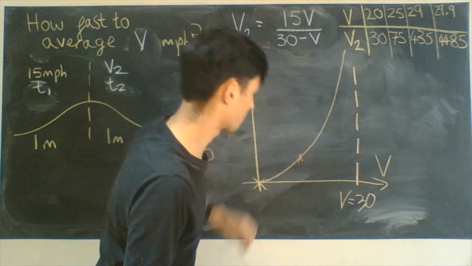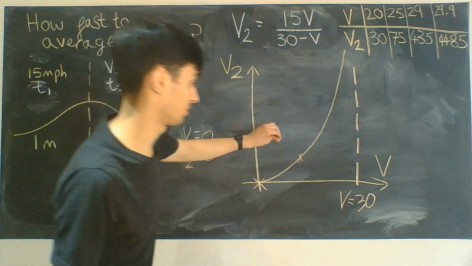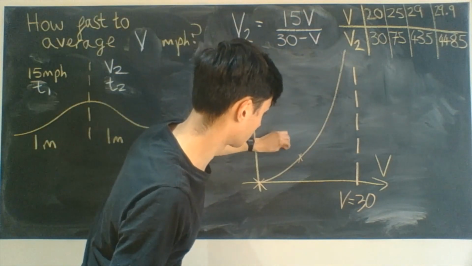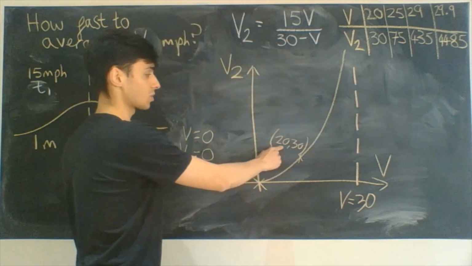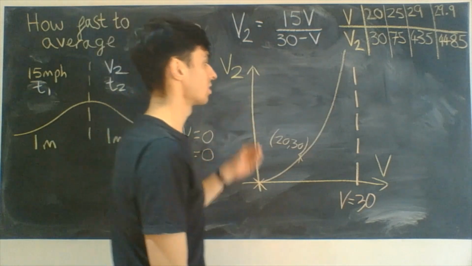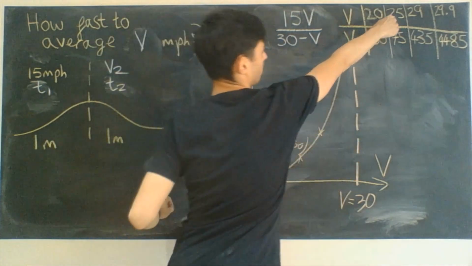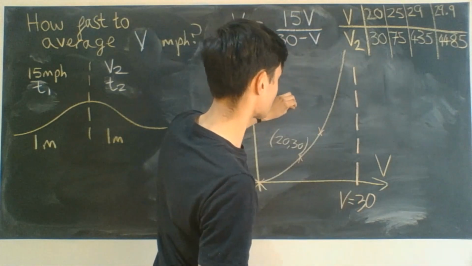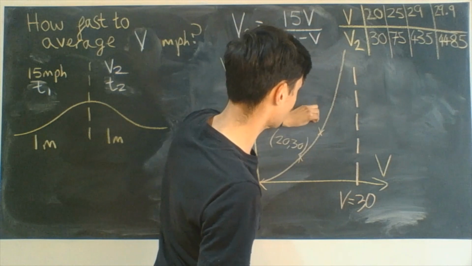So this point would be 20, 30 as a coordinate. V is 20, V2 is 30. Let's just add one more on to see some more information that we put in. This could be 25, 75 as a coordinate. So 25, 75.